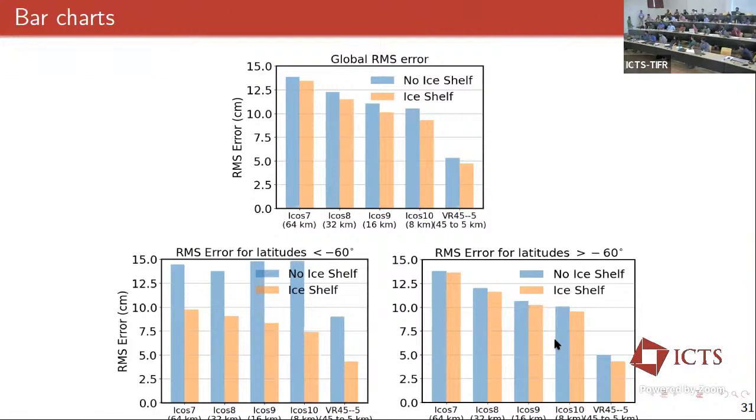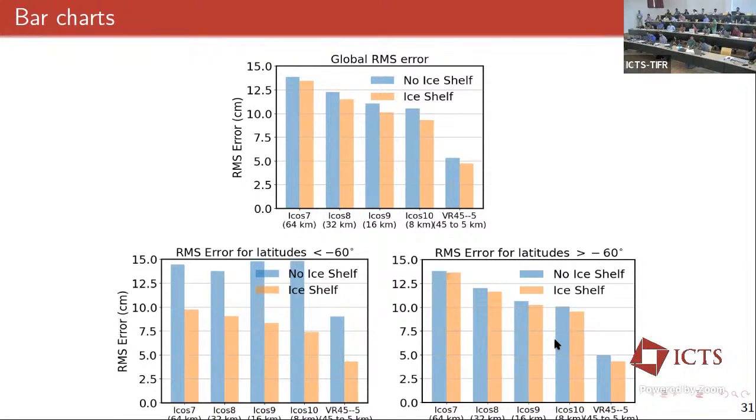We went up to about 8 kilometers uniform, or 45 to 5. We saw that there was not much difference in the global statistics between 16 and 8. So this is like a convergence study, you can say.